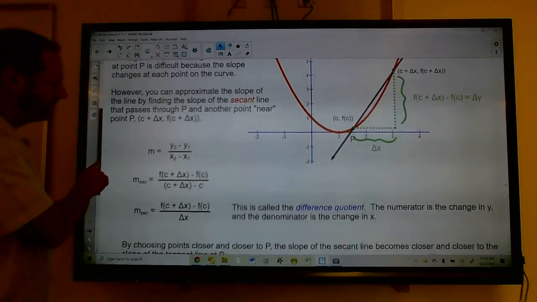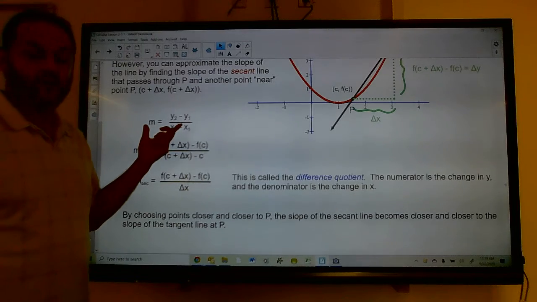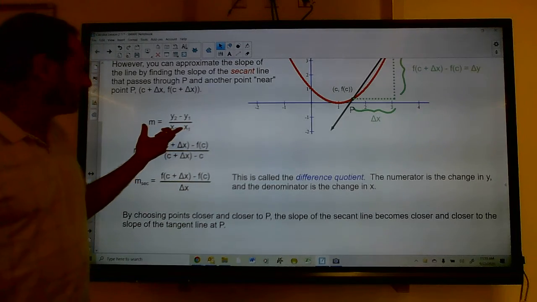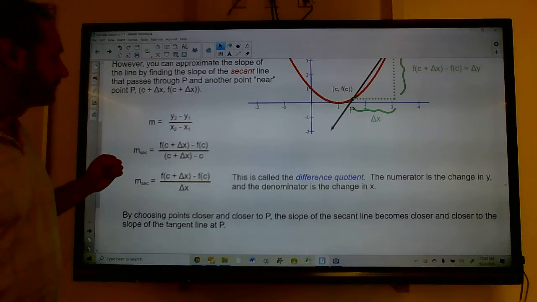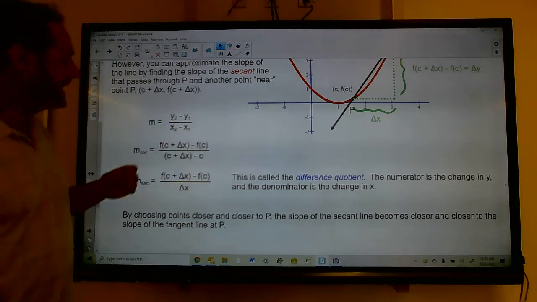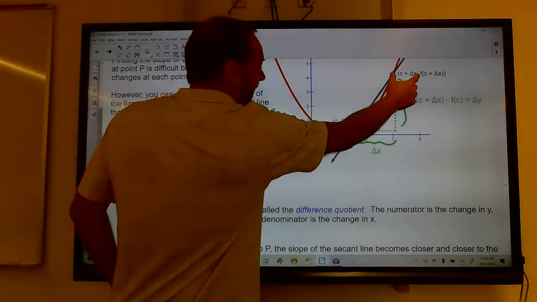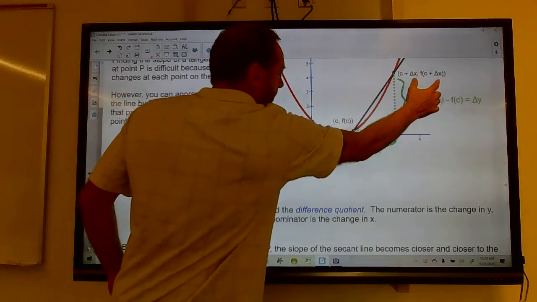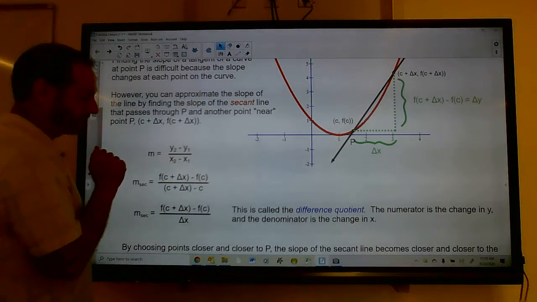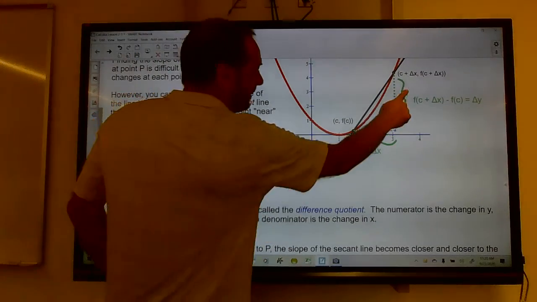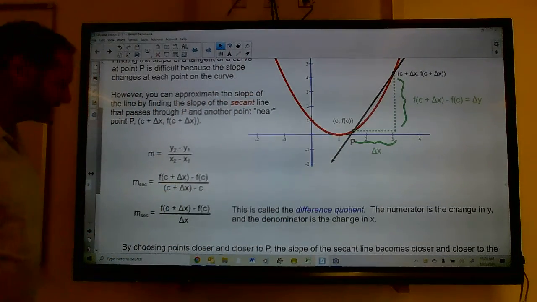Now, if you think back with lines, here's the equation for the slope of a line: m equals y2 minus y1 over x2 minus x1. If I use that formula on these 2 points, I can take y2 minus y1, so f of c plus delta x minus f of c, divided by x2 minus x1, so c plus delta x minus c.